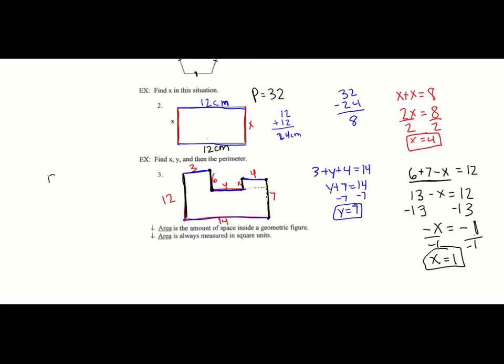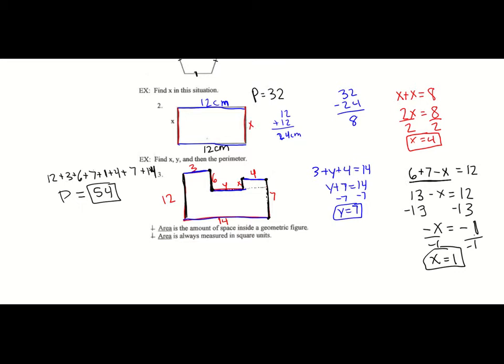That's going to give us 12 plus 3 plus 6 plus y, which is 7, plus x, which is 1, plus 4 plus 7 plus 14. We add that all up. That gives us 54 is our perimeter.